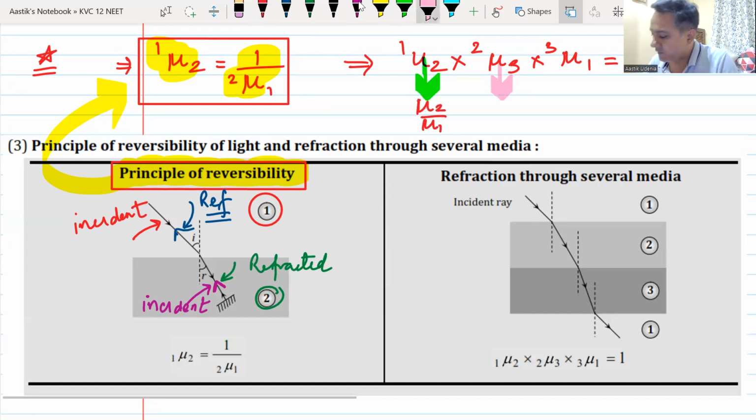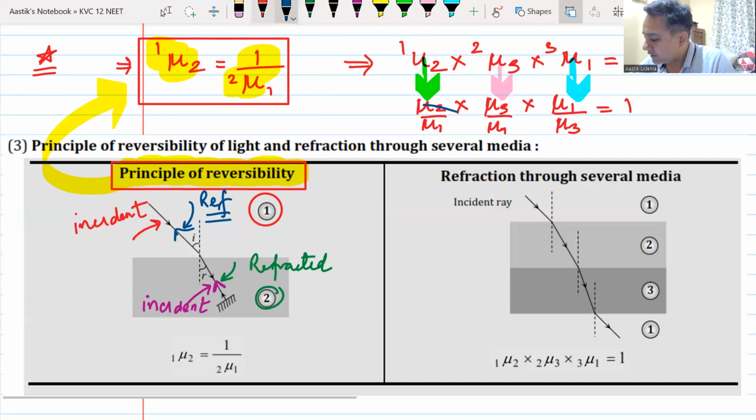Refractive index of 3 with respect to 2 will be mu3 divided by mu2. Refractive index of 1 with respect to 3, everything is getting multiplied, my dear friends, will be mu1 by mu3, and at the end, everything will get cancelled out. Yes or no, my dear friends? Oh, I have written it wrongly. This is mu2. Everything will get cancelled out.